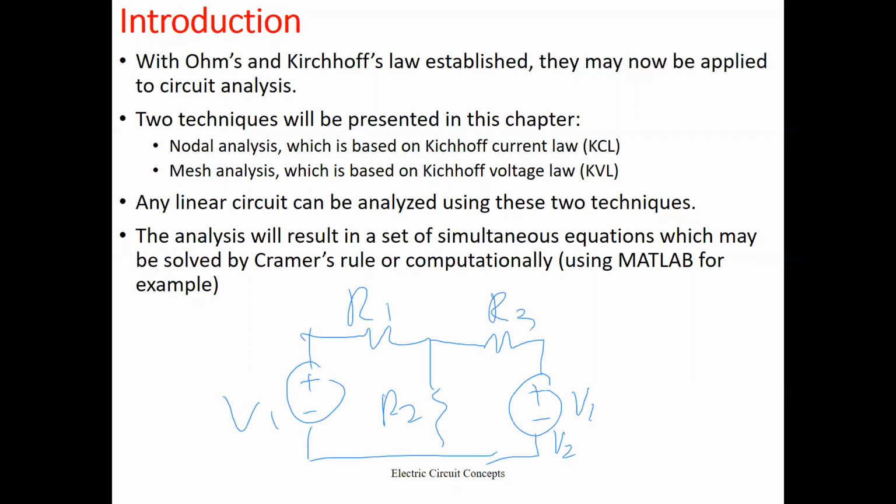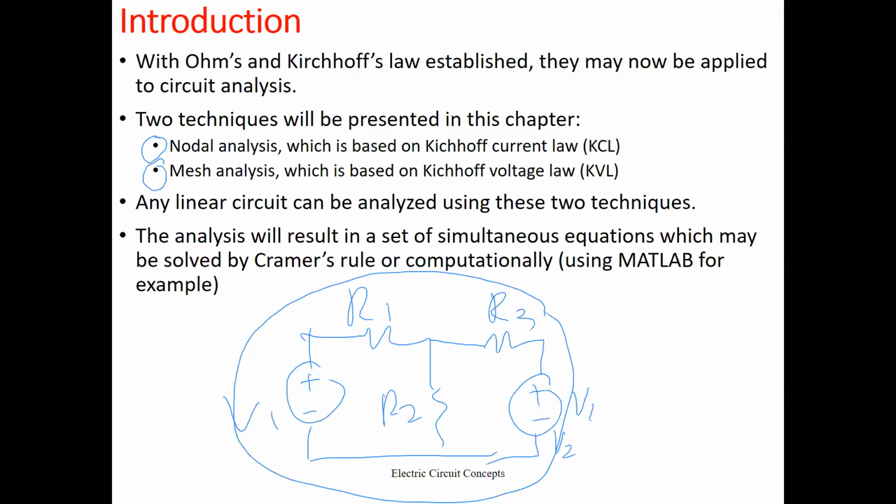Now using just one KVL applied on this circuit is very hard, and also using Ohm's law by itself is very hard. So that's why we will introduce two techniques to analyze the circuit. One of them is the nodal analysis, and the other one is the mesh analysis.